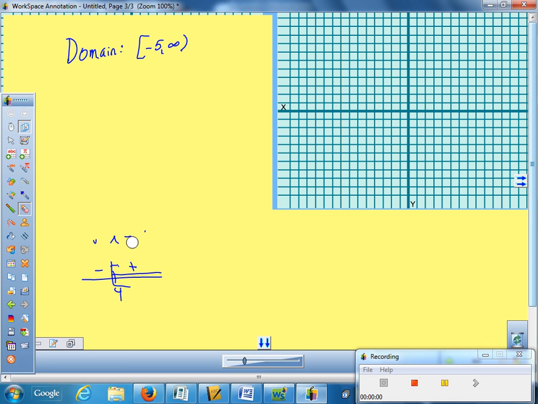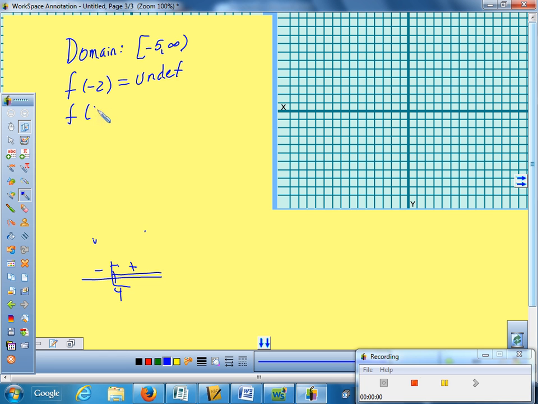Okay. Then I'm also going to tell you that f of -2 has to be undefined. F of 3 is supposed to equal 1. And then I'm going to tell you some limits. The limit from the left of -2 goes to positive infinity.